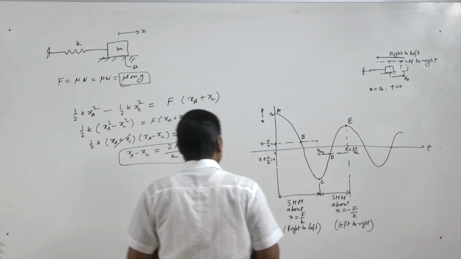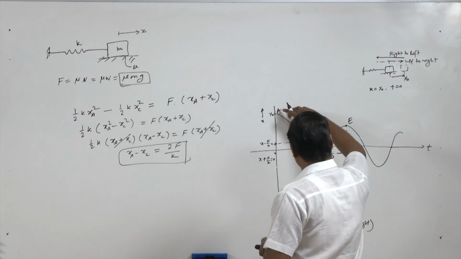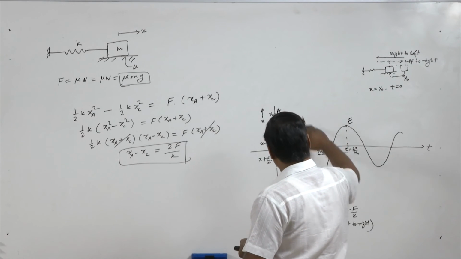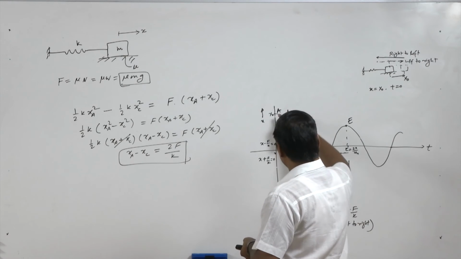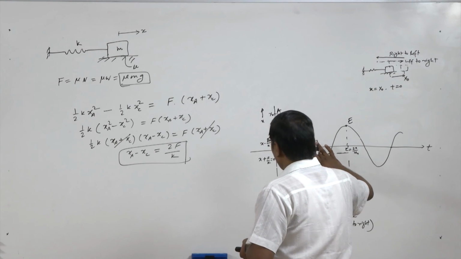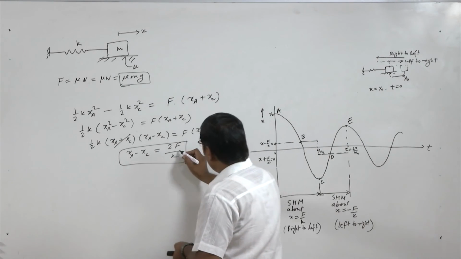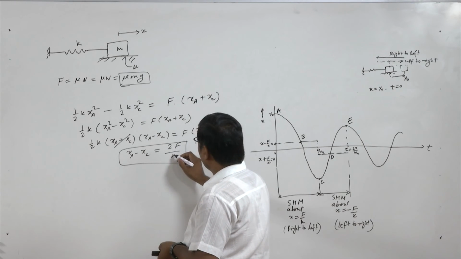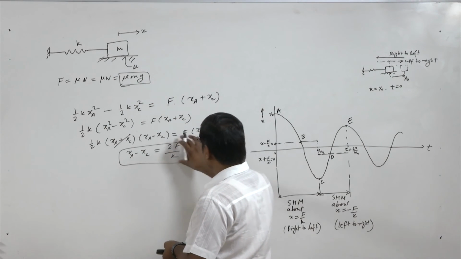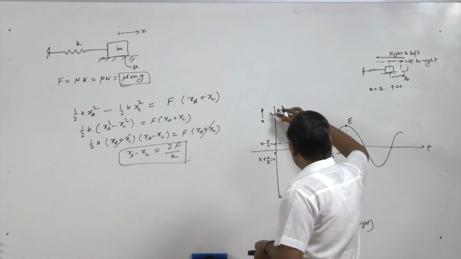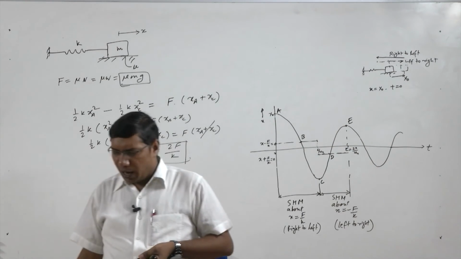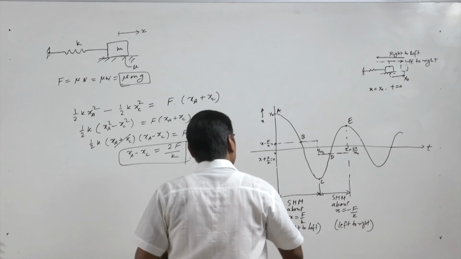So we see that there is a decay in the amplitude from A to C, and that decay, XA minus XC, equals the constant 2F by K, because F is constant and K is the stiffness of the spring, that is constant. So it is a constant quantity. This is what we calculated for the half cycle, because from A to C it is half cycle.